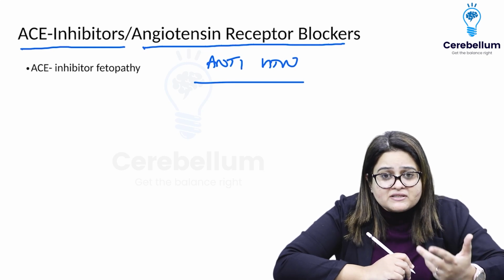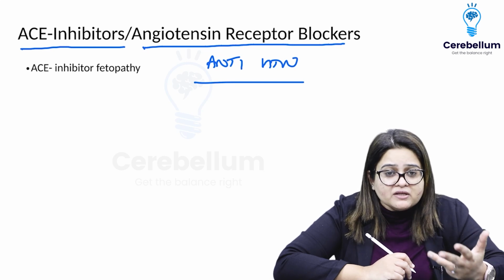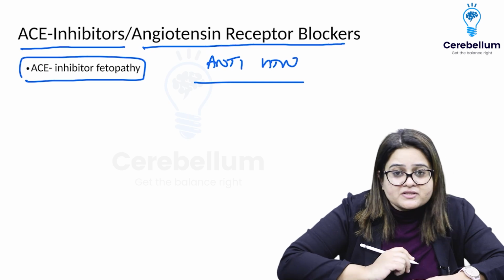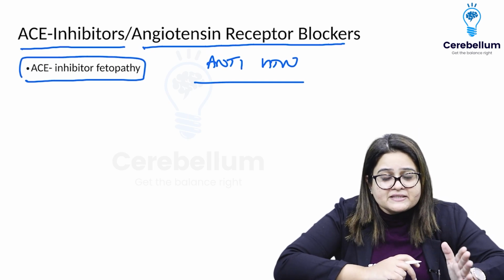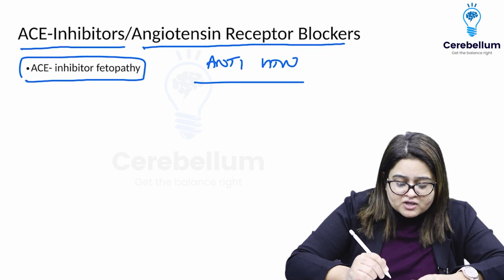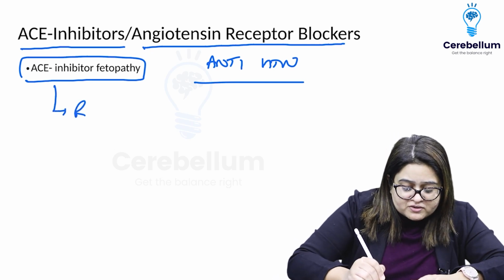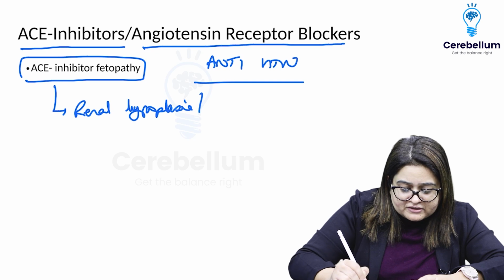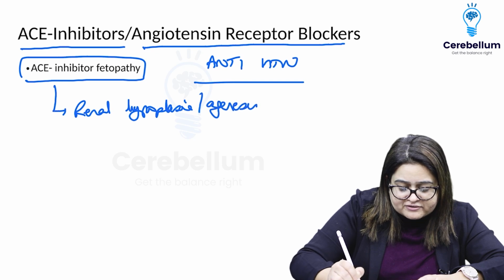These are the safest in pregnancy, or alpha methyldopa. Now, ACE inhibitor fetopathy is the problem caused by ACE inhibitors or ARBs, that is angiotensin receptor blockers. What do they cause? They cause renal hypoplasia or even renal agenesis in the fetus.